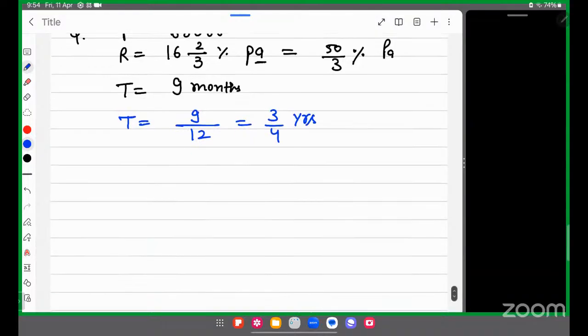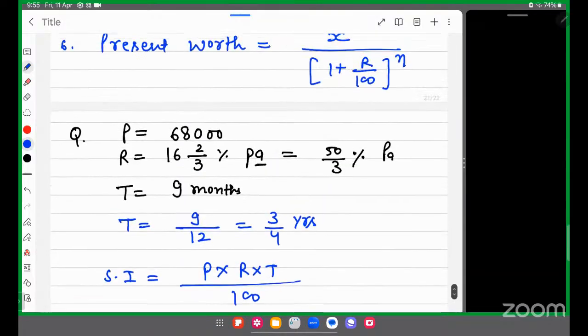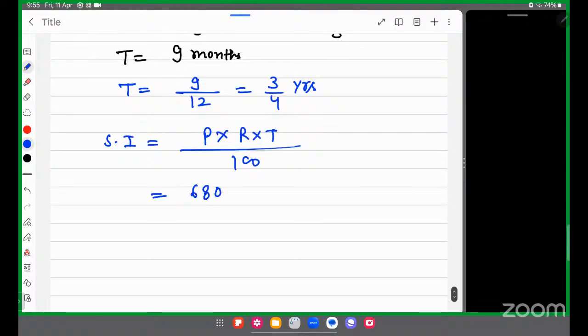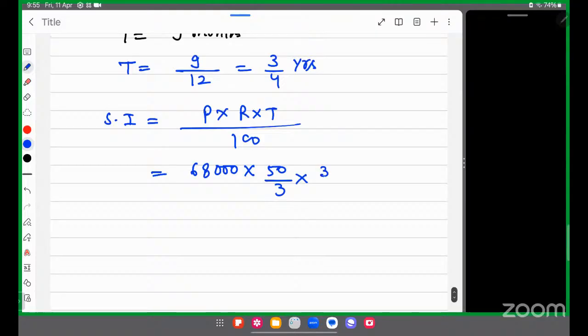Now you can directly apply the formula. Simple interest is given by P into R into T divided by 100. So value of P is 68,000, R is 50 by 3, T is 3 by 4 and divided by 100. So this will cancel out, 3 will cancel out.